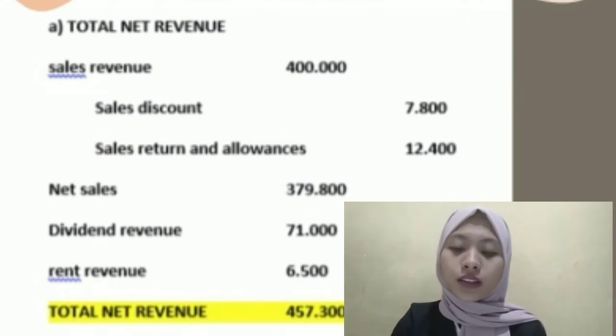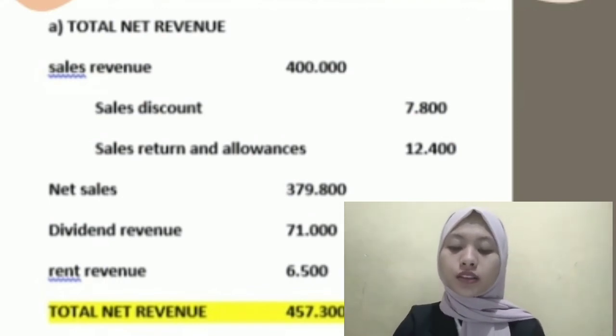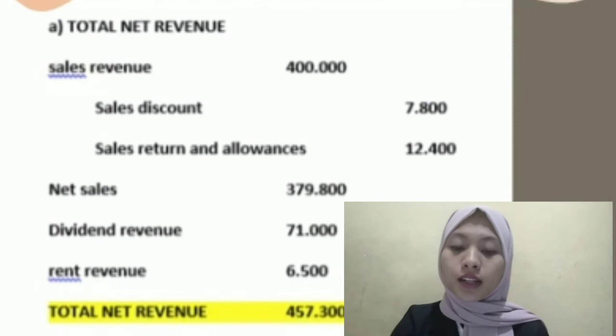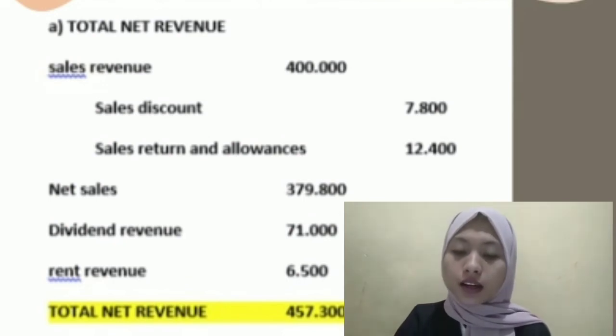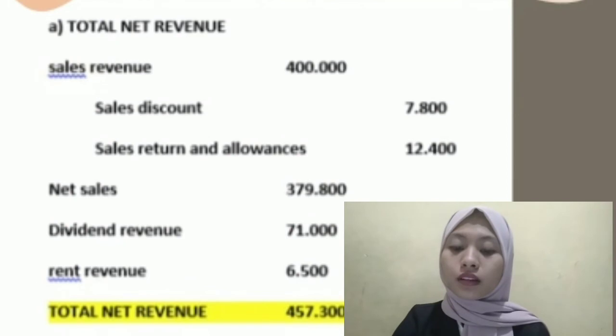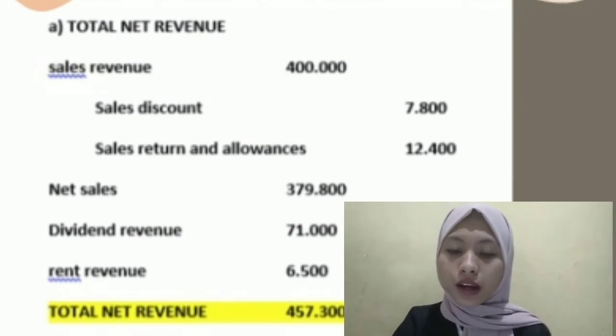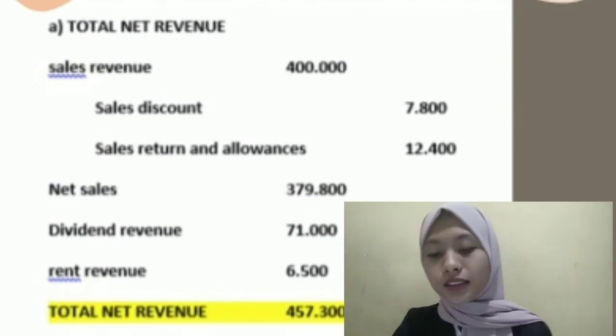To find net revenue, we must reduce sales revenue with the sales discount and sales return and allowance. Then the net sales is $379,800.